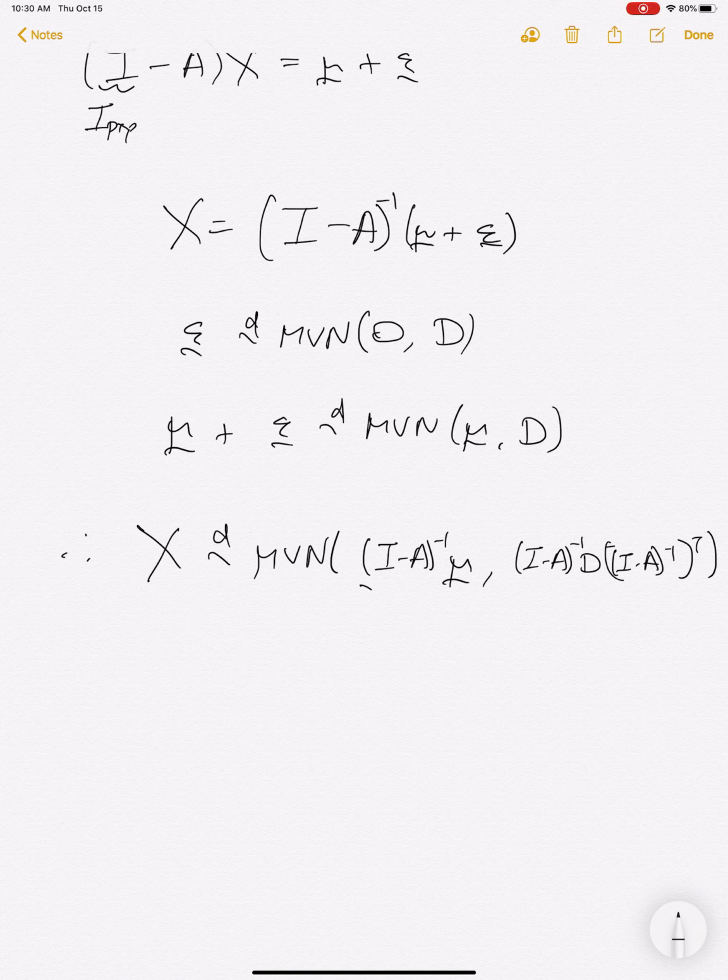So this is the mean of x, and this is the covariance.